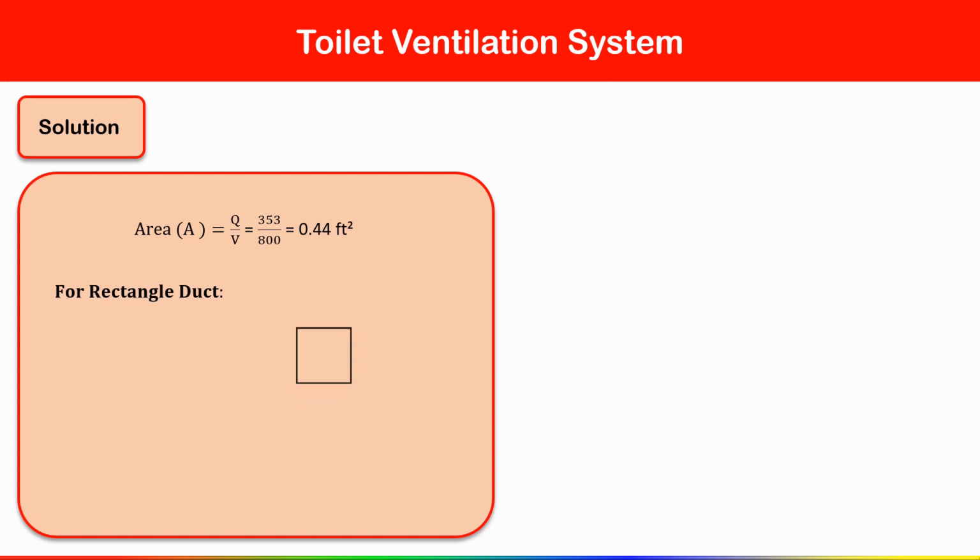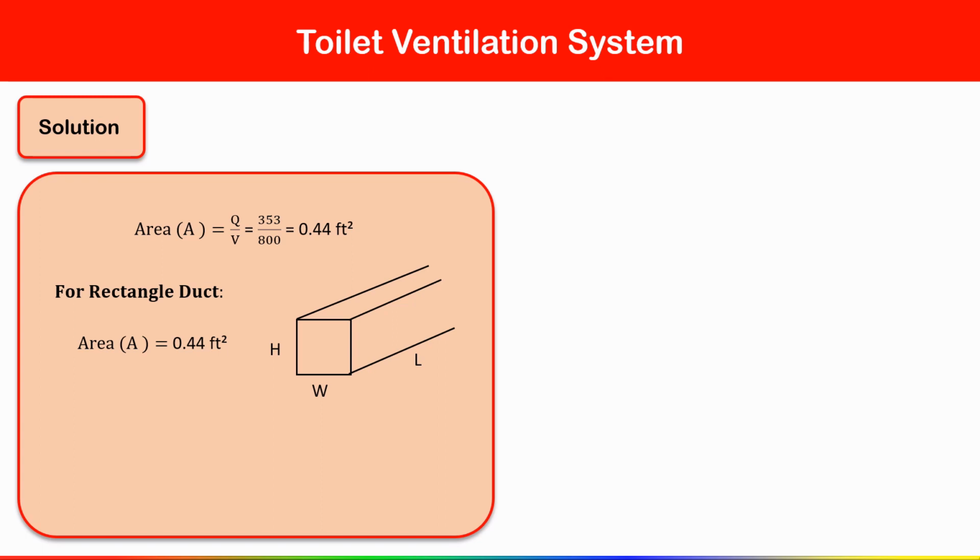Now suppose you have selected a rectangular duct. For that, the area we have calculated is 0.44 square feet, and we know that area of rectangle is width into height. It is shown in the figure. If you look at the front view of your rectangular duct, what is visible?